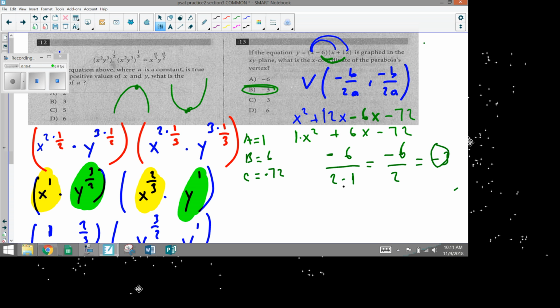Just in case, let's find it for fun. Y is equal to negative 3 minus 6 and negative 3 plus 12, 9, so negative 81. So the ordered pair is negative 3 comma negative 81.